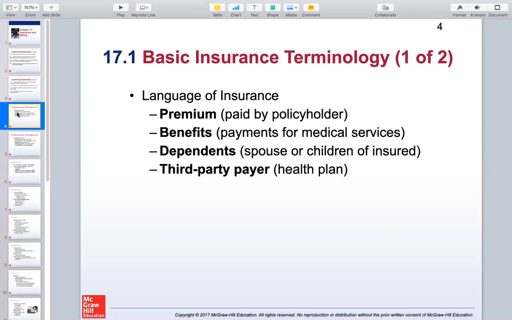Dependents are people that are insured under the policyholder, under their premium or under their plan. That could be children, it could be spouse. So those are who the dependents are. And then third party is just anybody who agrees to carry the risk of paying for the services provided through the insurance plan.